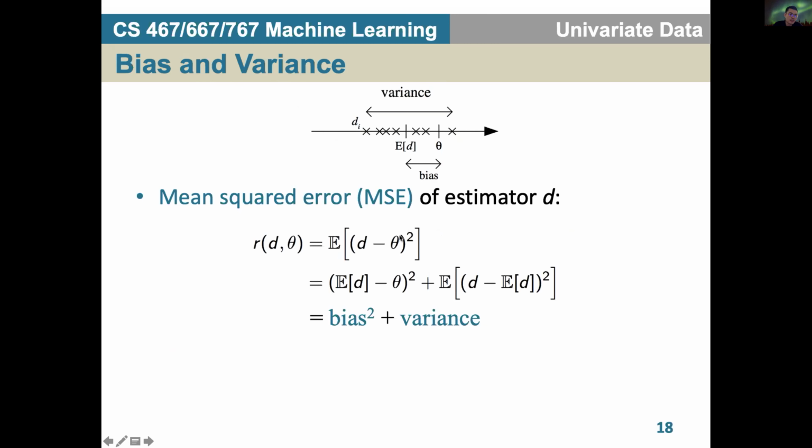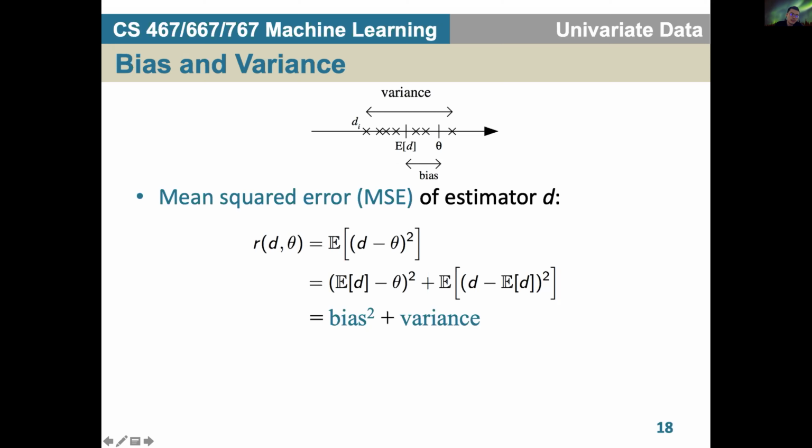We compute the mean square: d1 minus theta, d2 minus theta, d3 minus theta, each squared, divided by 3. This is one error metric, showing how wrong our estimation is from the actual ground truth theta.